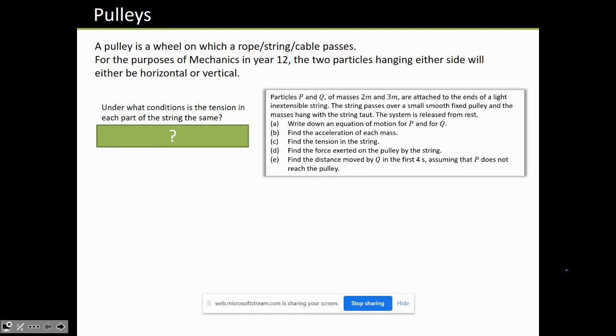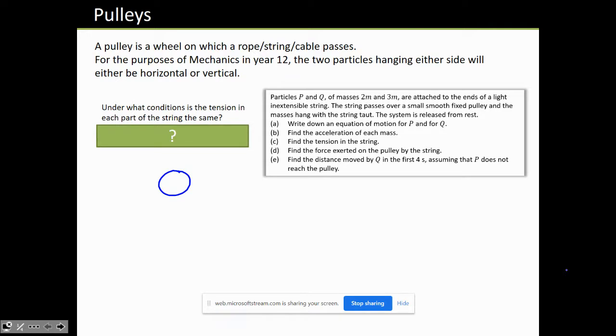So let's have a look at drawing a diagram to represent the question, and then we'll look at what I mean by the question about tension in each part of the string in a minute. So particles P and Q of mass 2m and 3m are attached to ends of a light inextensible string, and that passes over a smooth fixed pulley. So I'm going to draw myself a pulley.